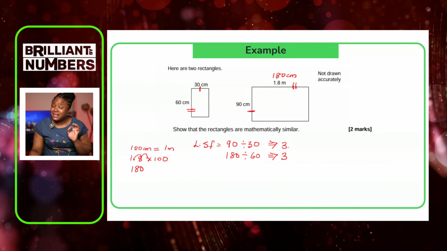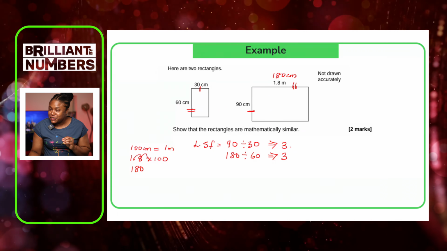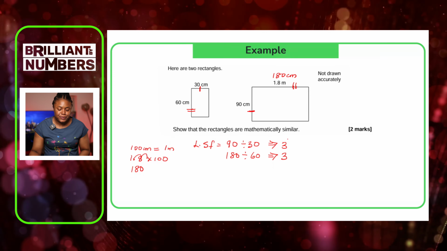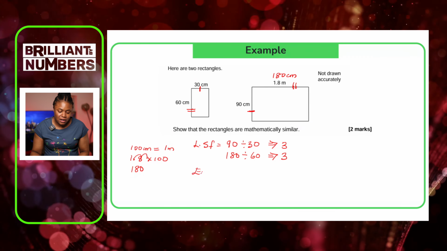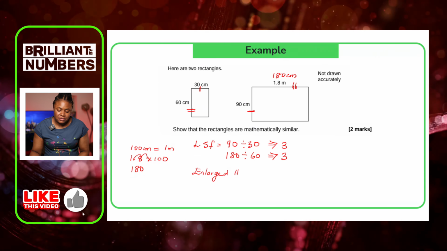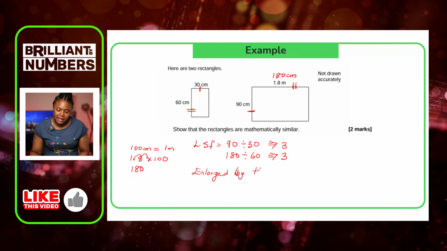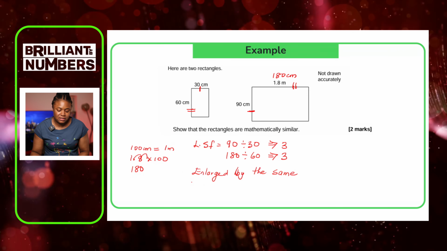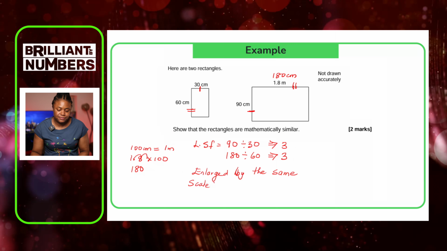Beautiful. So that means each corresponding side is enlarged by the same scale factor. We're going to write: enlarged by the same scale factor. You've got to conclude intelligently. It's the same scale factor.